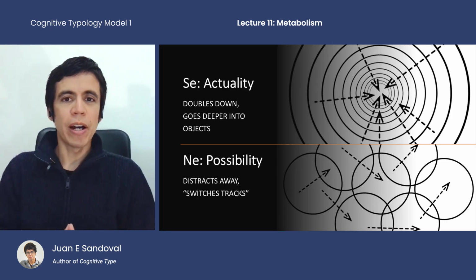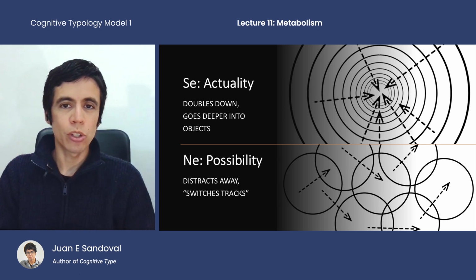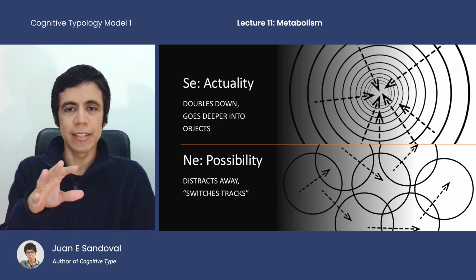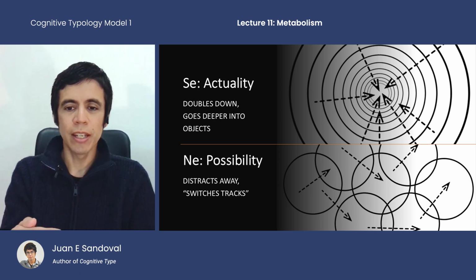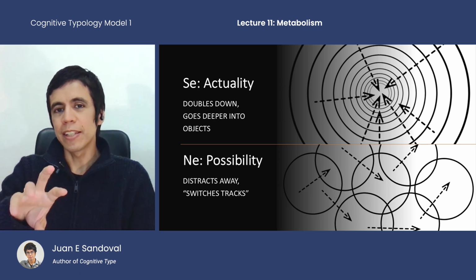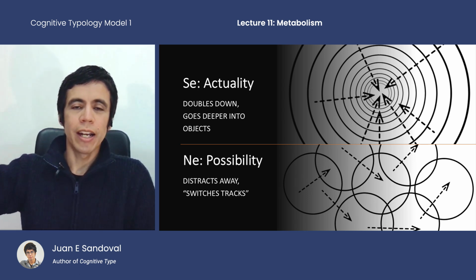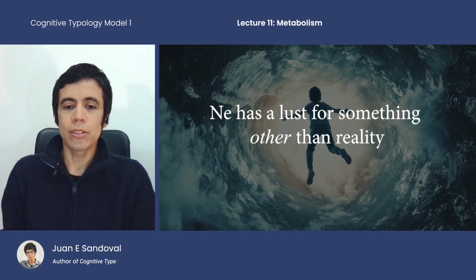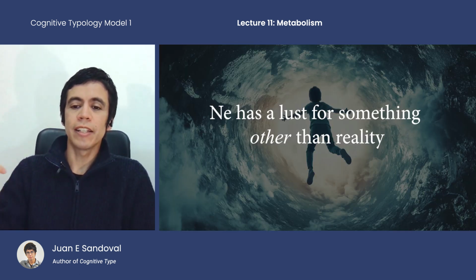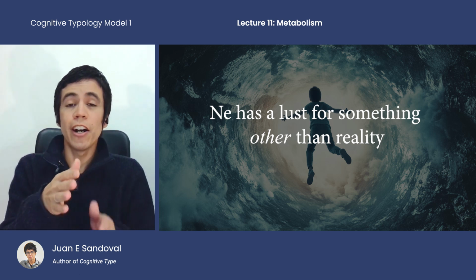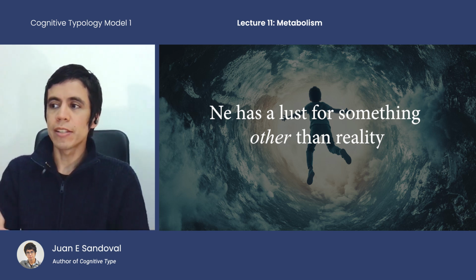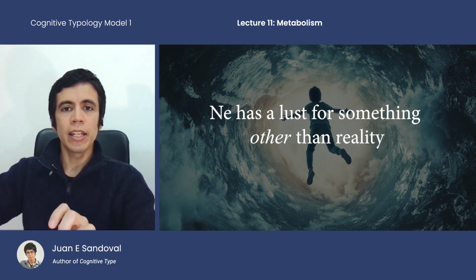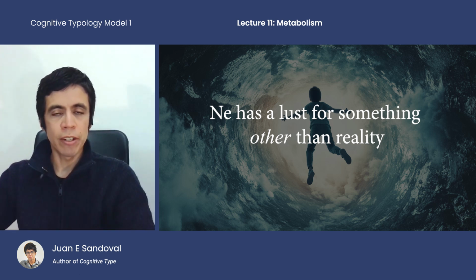Now let's talk further about the different ways that NE manifests in a normative sense. As we said, SE doubles down on reality as such and digs deeper into it, while NE gets distracted, so to speak, and it wants to switch tracks. By switching tracks, what I mean is that NE has a lust for something other than reality, because it wants to find an association that it can jump to, which is not in the tangible literal features that are directly in front of it.